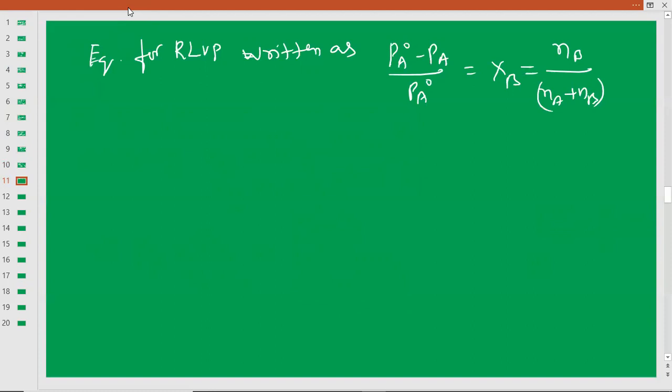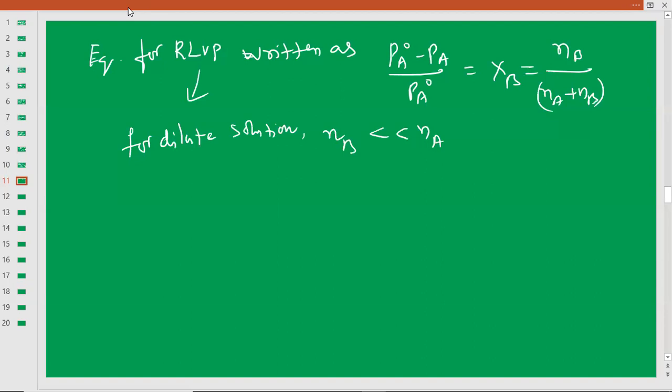Okay. But what is the Raoult's law condition? For Raoult's law, for a dilute solution, there should not be any kind of problem. Only a dilute solution obeys this one. The number of moles of solute is extremely less than the number of moles of solvent.